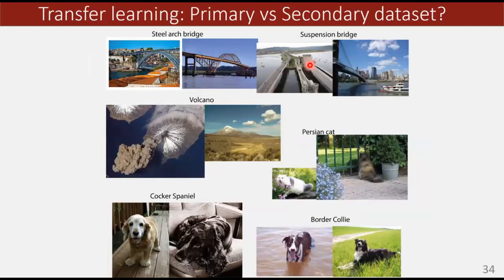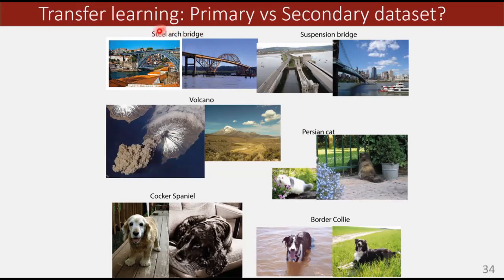So one thing that comes to mind in all these examples that I showed is that the CNN models were primarily trained on the ImageNet dataset. And I have some examples here of that dataset, right? So the intra-class variability is actually very large.